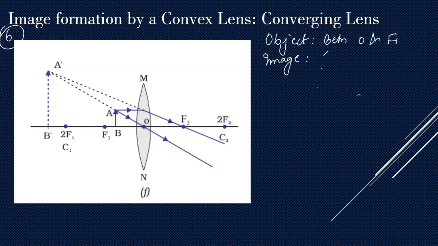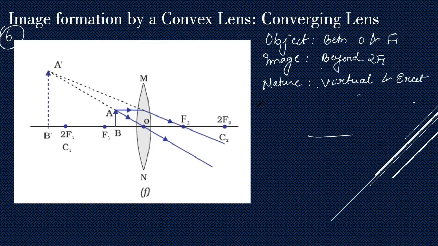So it will be beyond 2F1 on the same side. As the image is formed on the same side, the nature is going to be virtual and erect. And the size is going to be enlarged. There also, in the case of a concave mirror, we formed an enlarged image. Here also, an enlarged virtual image is formed, this time with the help of a convex lens, right?